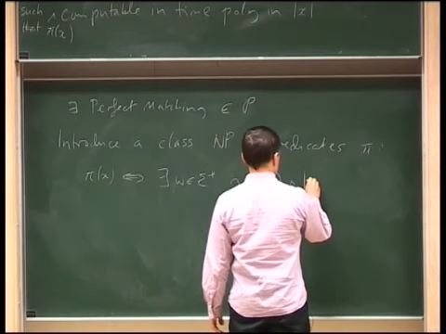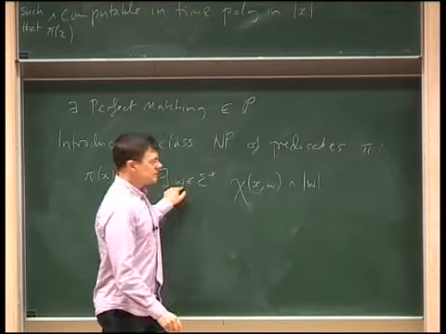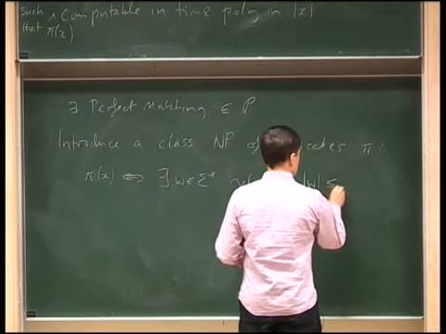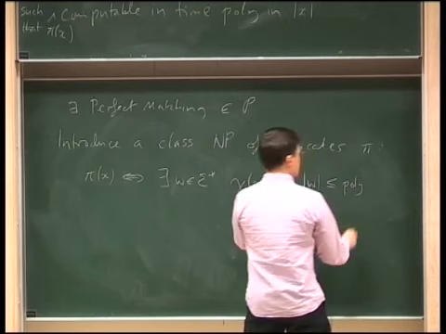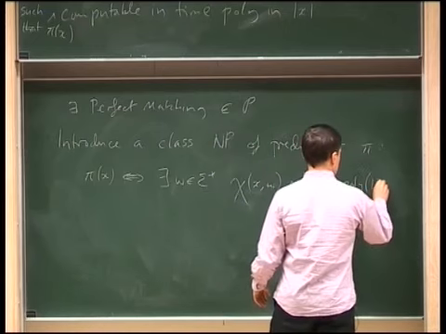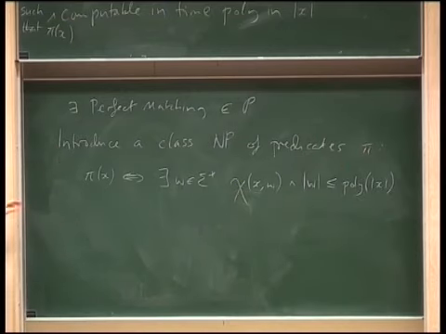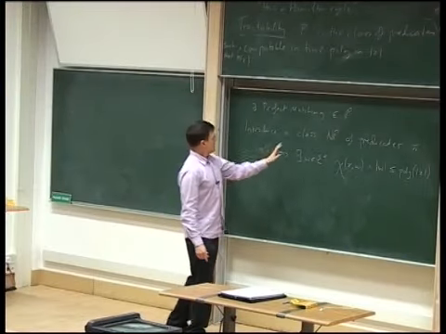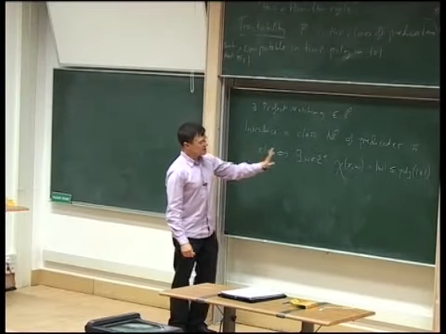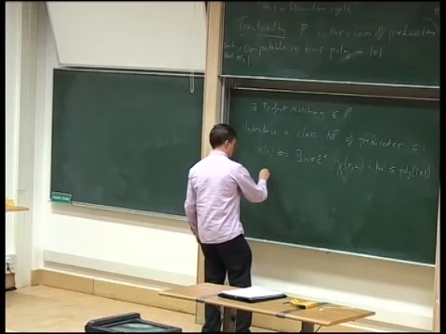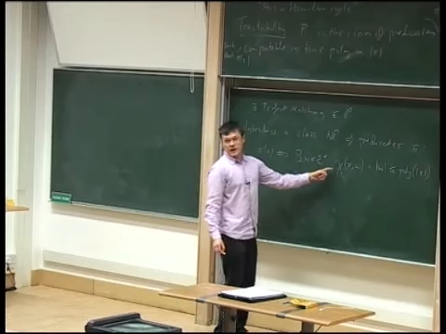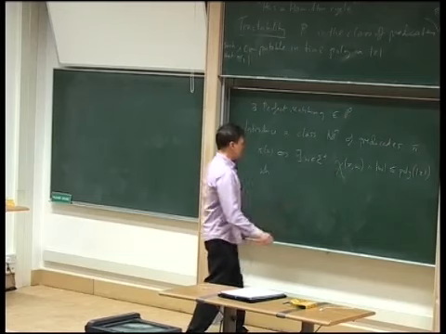I call this W the witness, and W is not too big, so it's polynomial in the length of X. So sidestepping non-deterministic Turing machines, we can think of NP as the class of predicates you can express in this way, where this chi is polynomial time.